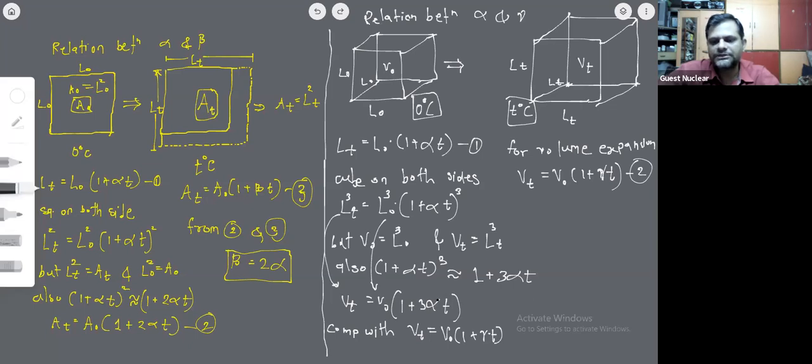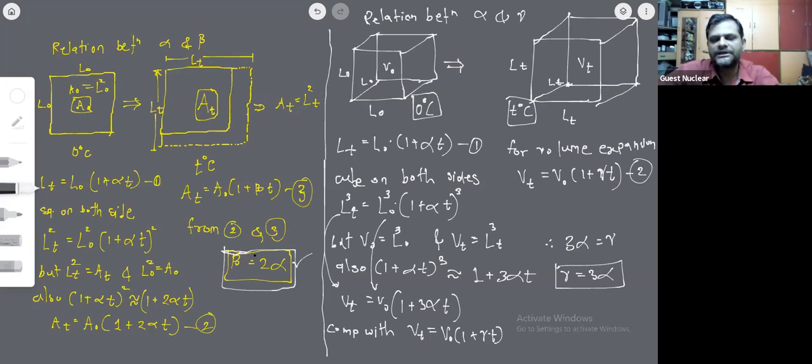3 alpha here and which is actually gamma here. So we can just compare these two equations and get that 3 alpha is equal to gamma, from which we get that gamma is equal to 3 times alpha. So this is the relationship between gamma and alpha, and this is the relationship between beta and alpha, we can say.